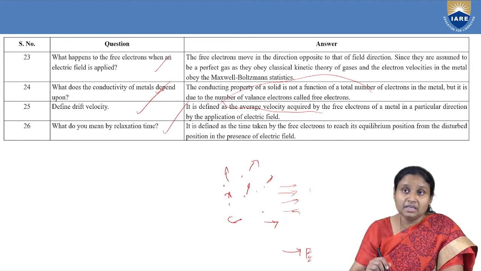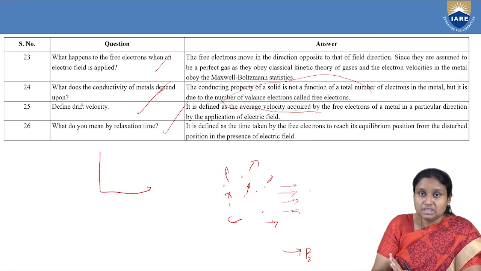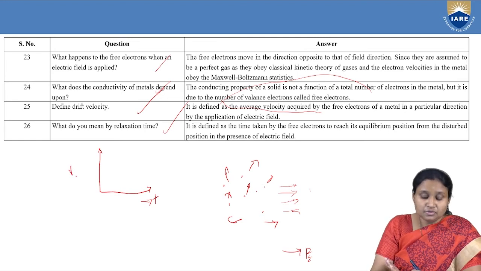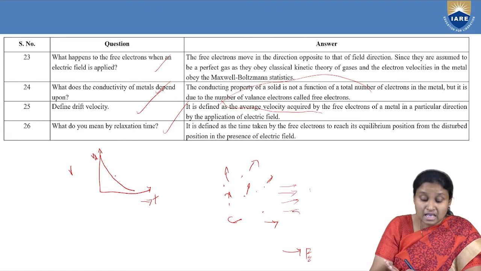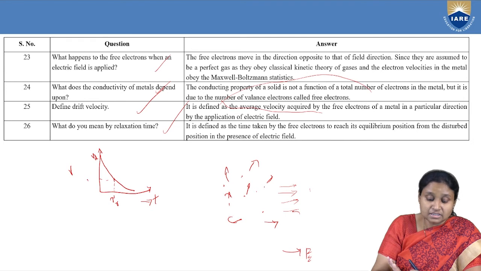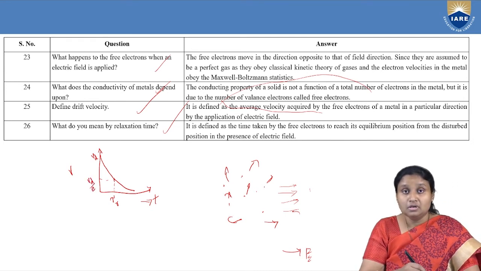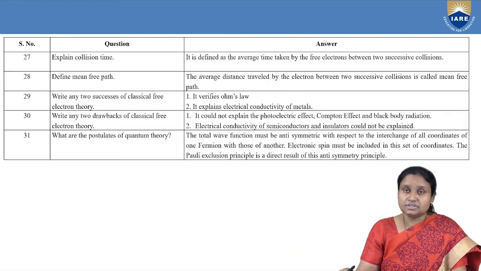If we take a graph between time and drift velocity, which is the velocity gained by the electron, with time this drift velocity is going to decrease, and there exists one particular time known as relaxation time. At this relaxation time, drift velocity decreases to 1/e of its initial value. That is called relaxation time.